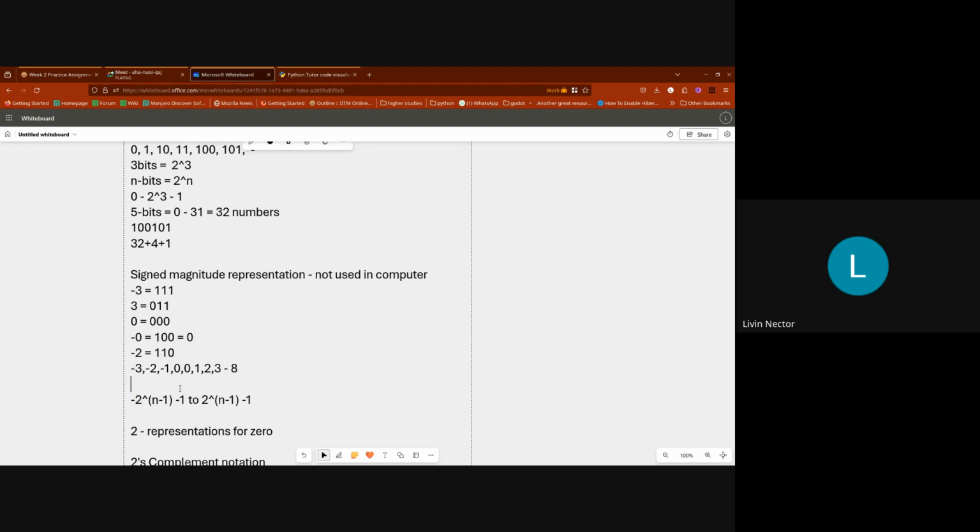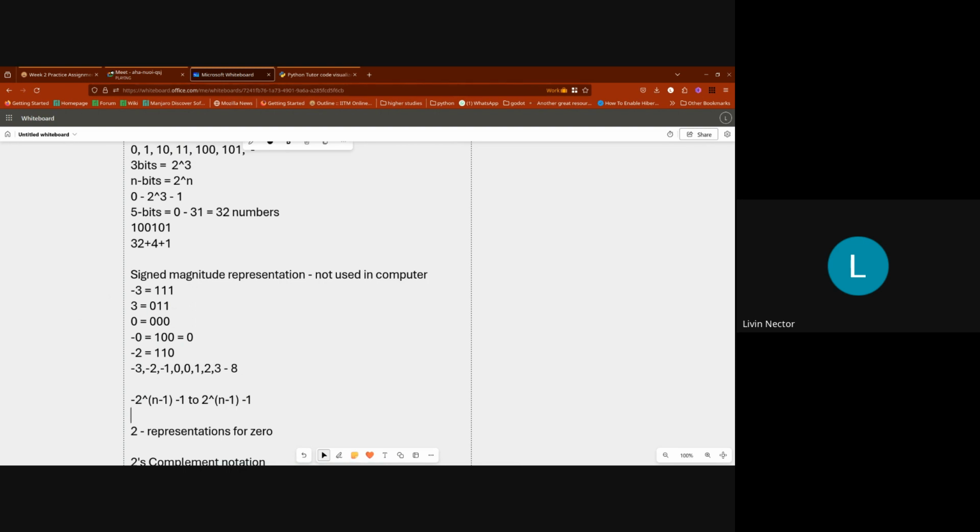Why is this minus 1 there? Since we have 0 twice, we are taking 2 values for 0. That's why we couldn't represent minus 4 to plus 4, because we have 2 zeros in the middle. That's why this minus 1 is coming.